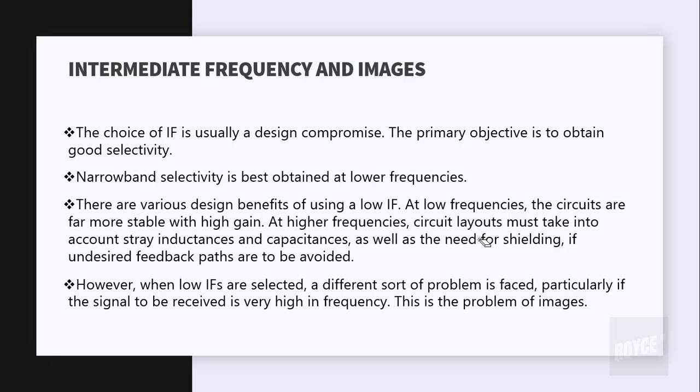Now, the primary objective of having an intermediate frequency is to obtain good selectivity. Bakit? Kung maalala nyo dun sa topic natin kanina about selectivity, the narrower the bandwidth, the better the Q, the better the selectivity.